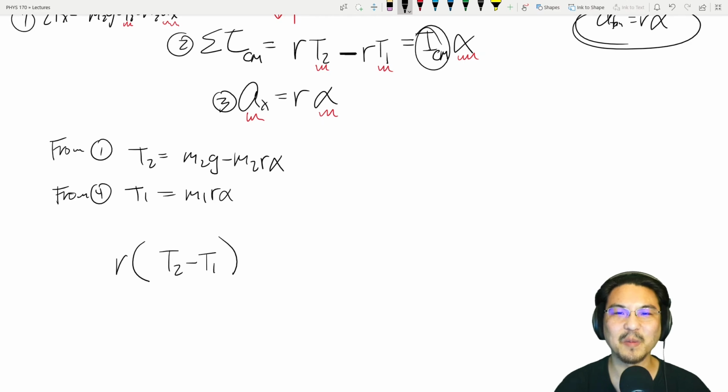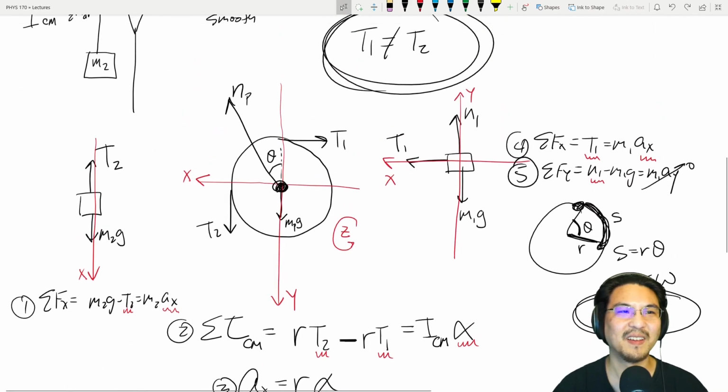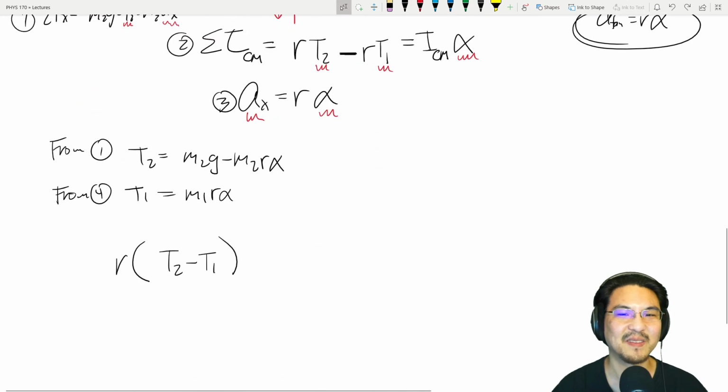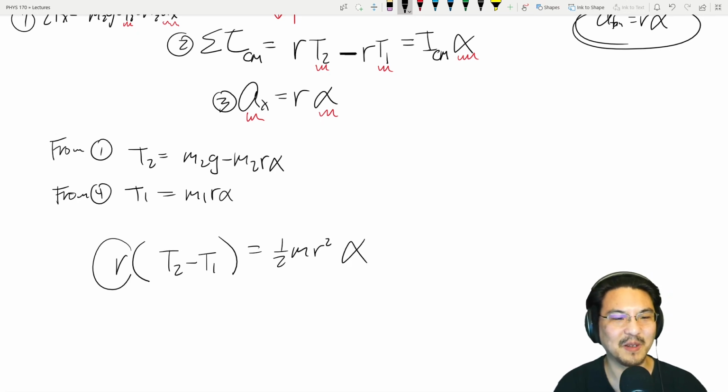And then what's the moment of inertia of the pulley? Right here. 1/2 mr squared. So I'm just going to write that over there. 1/2 mr squared alpha. And why don't I just move this r over here? Okay, there we go.